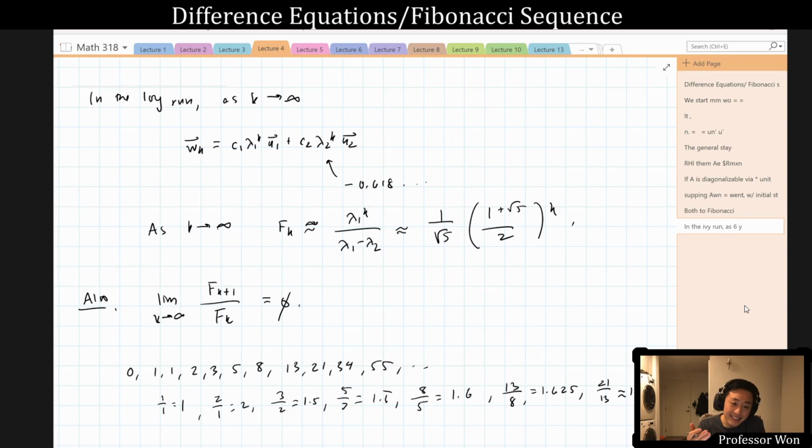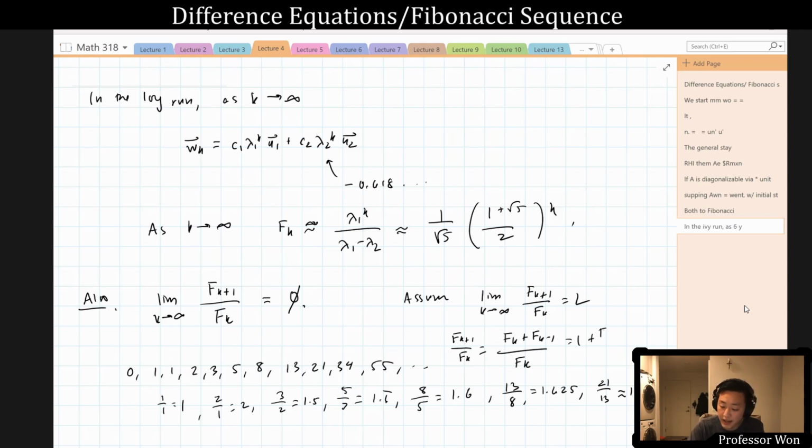And actually, this you can prove without linear algebra. All you do is assume that it has a limit. If you assume that the limit is equal to L, then let me do it like this. FK plus 1 over FK is the same thing as FK plus FK minus 1 over FK, by the definition of the Fibonacci sequence. So this is 1 plus FK minus 1 over FK.